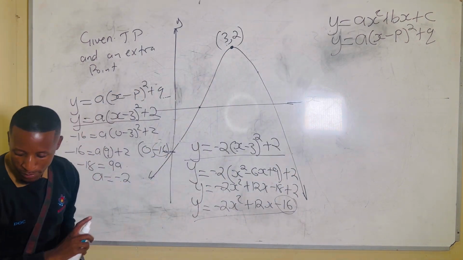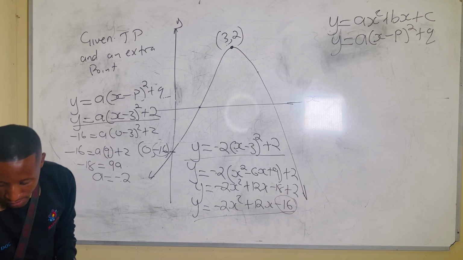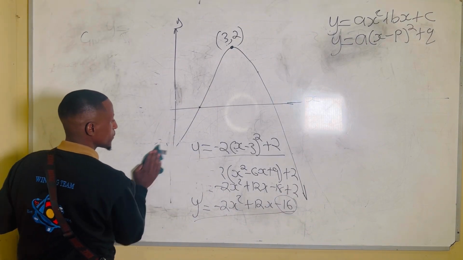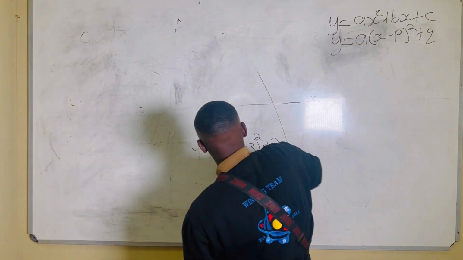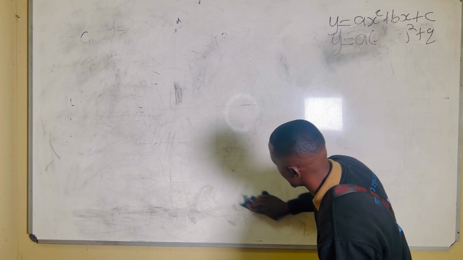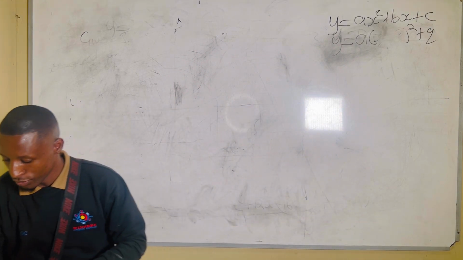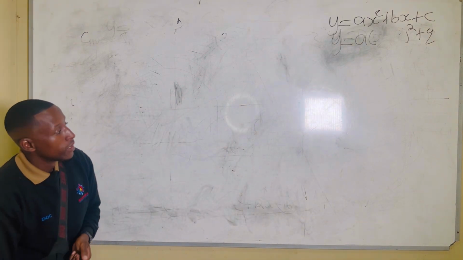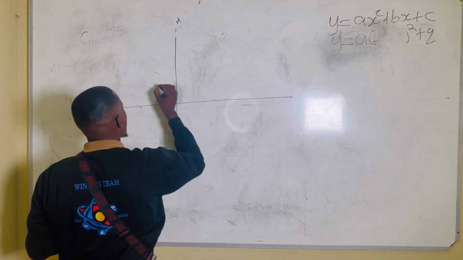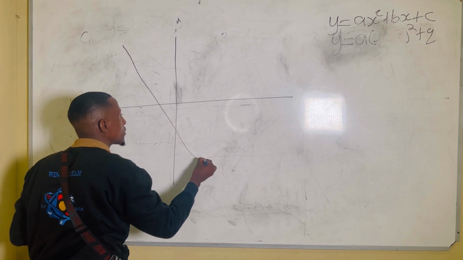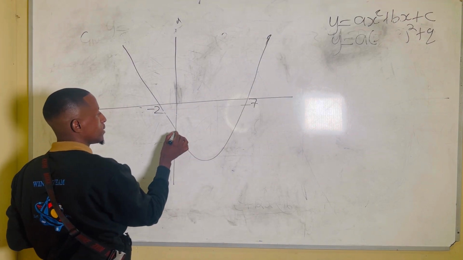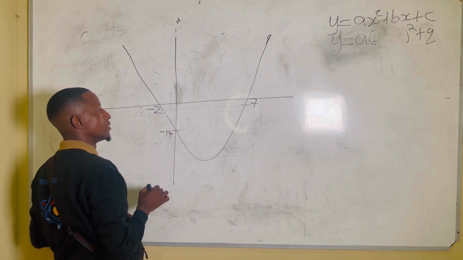Another example, finding the equation. Remember the one that we just did, you were given a turning point and an extra point. Now you are given a graph with x-intercepts -2 and 7, and the y-intercept here, let's assume it's -14.